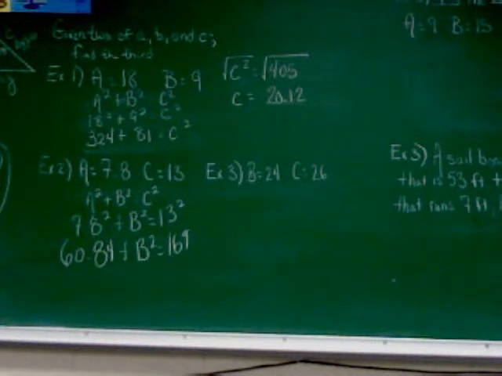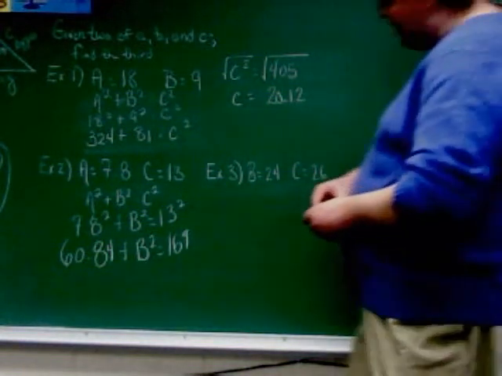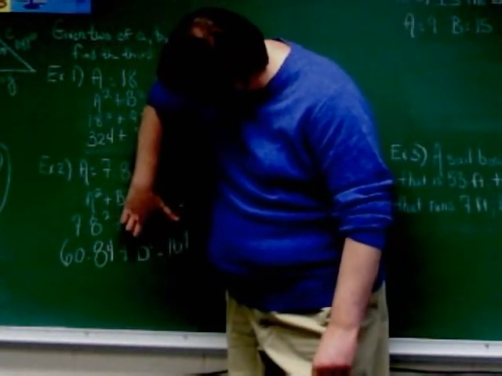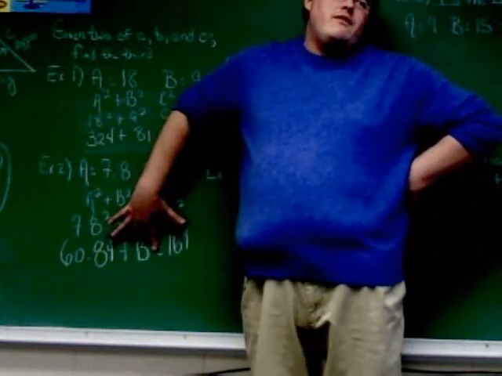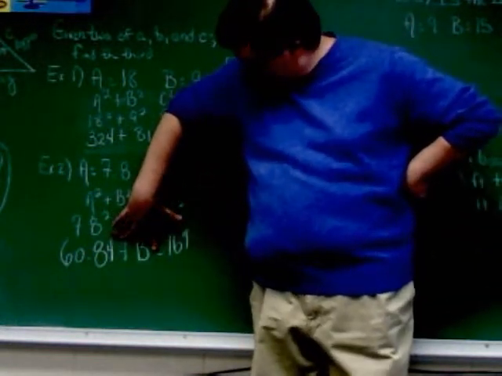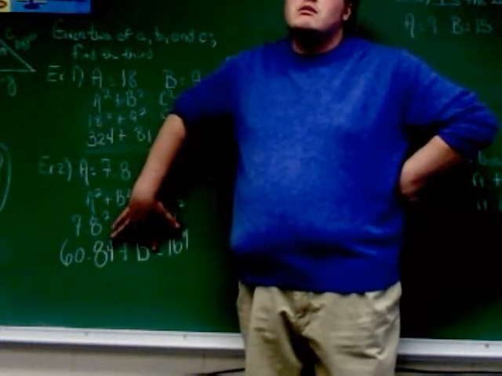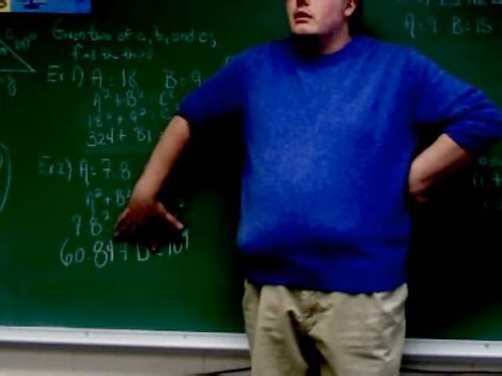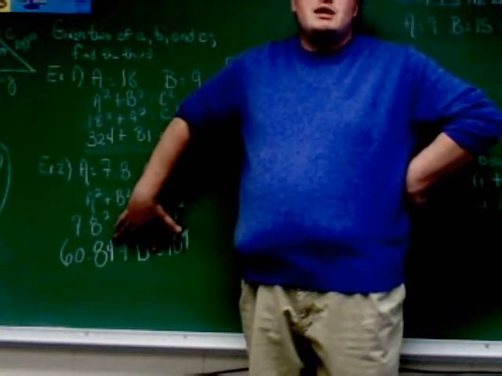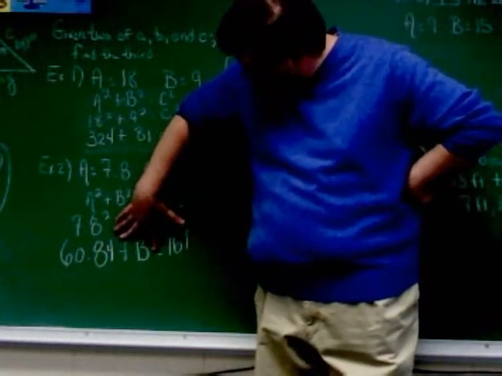But it is very much something you've seen before. If I take a moment and cover up the square there, notice then it says 60.84 plus b equals 169. Well, that's just an equation. You would solve that equation by subtracting the 60.84 from both sides.